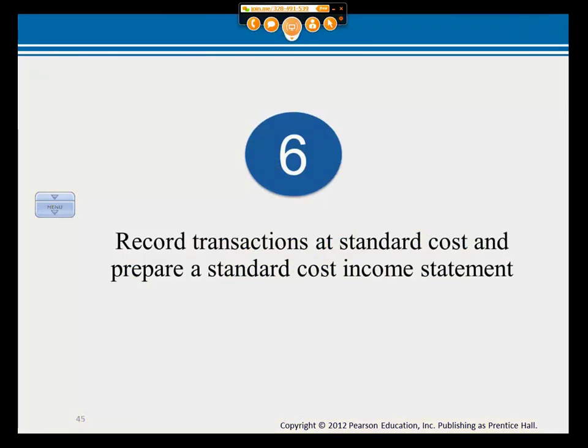Okay. So the 6th one is record transactions at standard cost and prepare a standard cost income statement. While we're on the subject, let me go back a little bit. When you're preparing for the exam, because I know you're getting all anxious, it's the final, right? Don't forget that there's tutoring, okay?